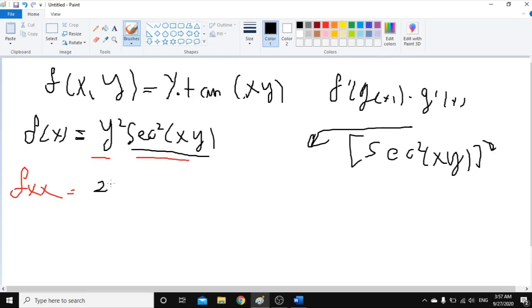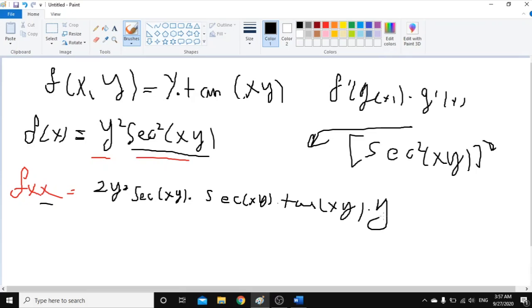So we can write 2 times y squared, which is this one, and then secant xy, and then times secant xy, because we took the derivative of the secant. It's secant xy times tangent xy, and the derivative of the inside with respect to x, remember, is y. The derivative of x is 1. 1 times y is y.